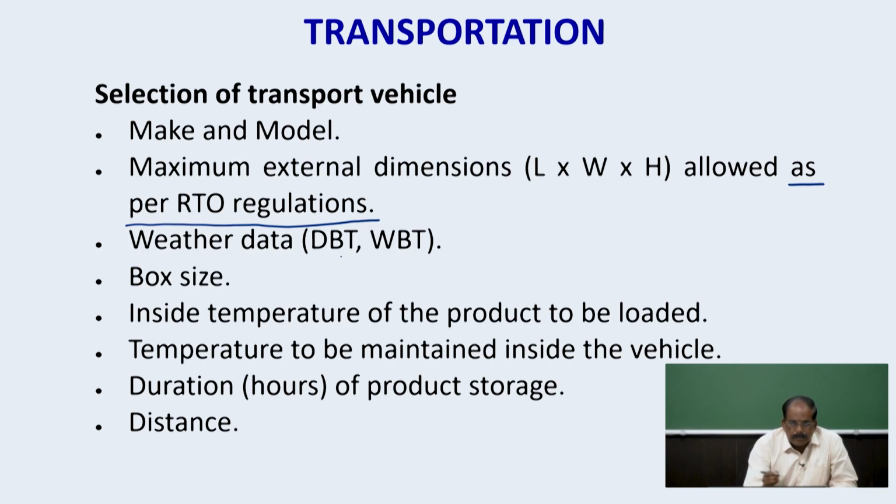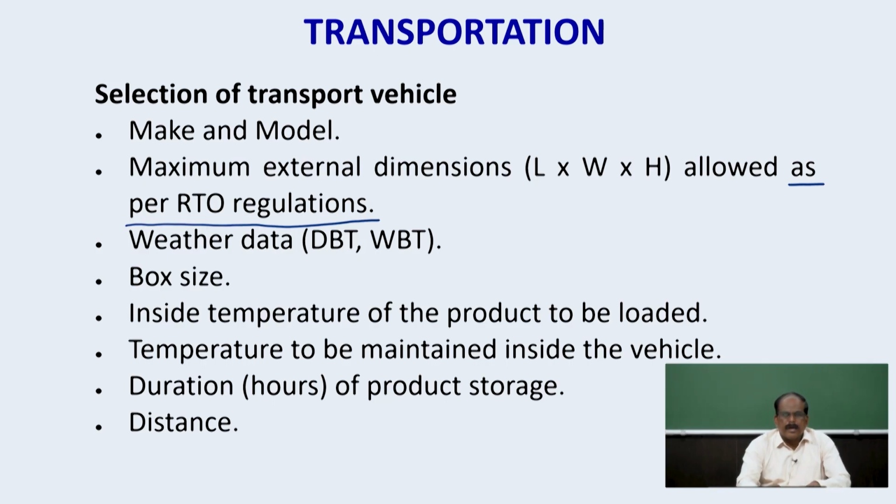Weather data, that is, the dry bulb temperature, wet bulb temperature, relative humidity, etc. Size of the box, inside temperature of the product to be loaded, and what kind of product is to be loaded: is it a single product or a multi-product?